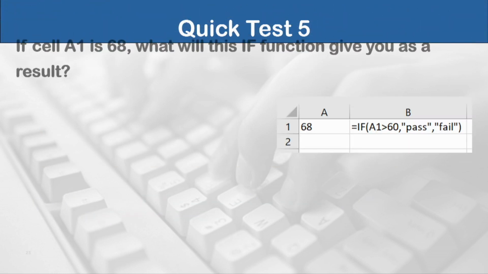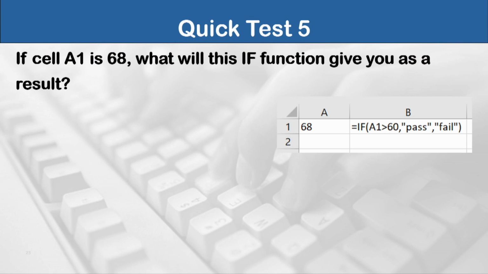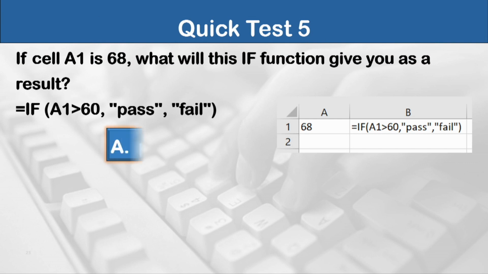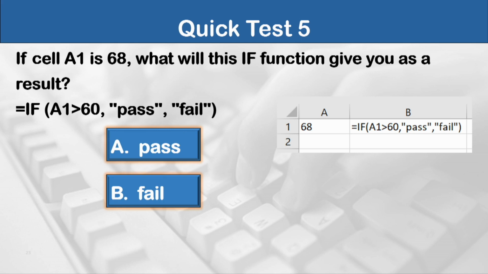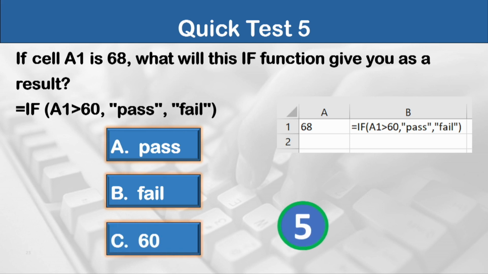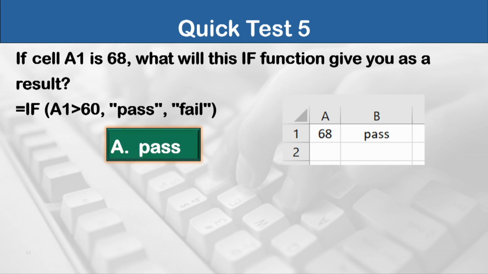Number 5. If cell A1 is 68, what will this if function give you as a result? Will it be A, pass, B, fail, or C, 60? The correct answer is A. Pass will appear in cell B1.